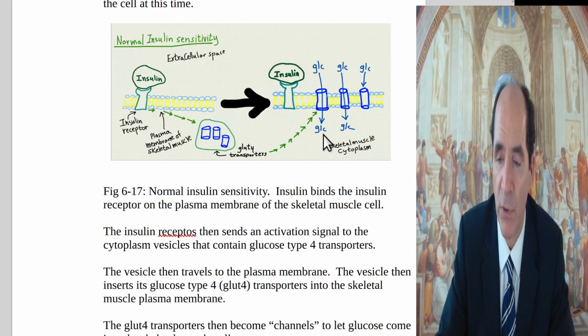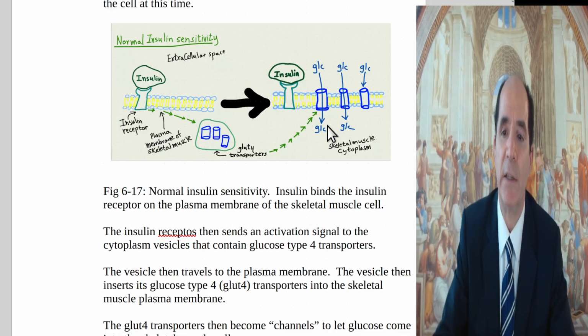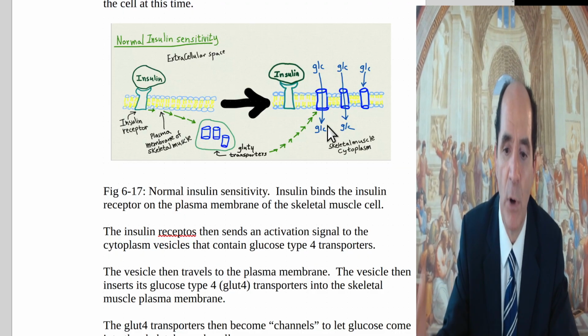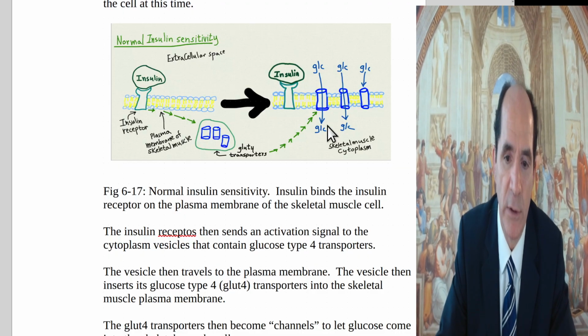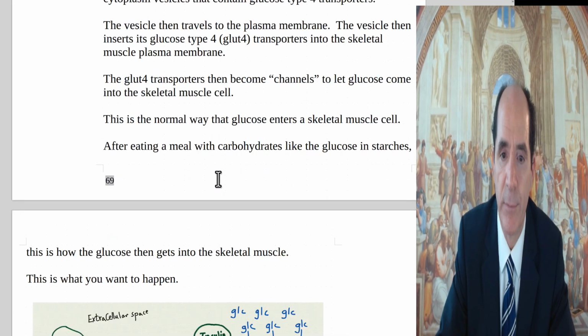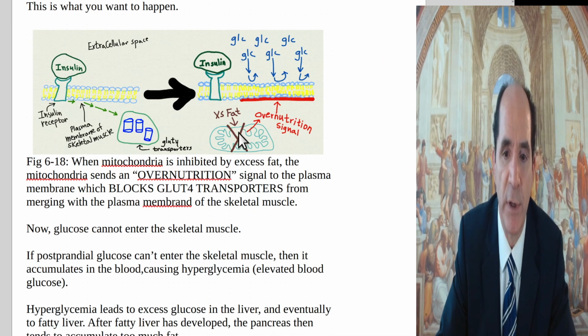It quickly gets phosphorylated as the first step in glycolysis by glucokinase, or hexokinase, you might call it. That traps it in the cell because now it's got a big charge on it. It can't exit. That's how skeletal muscle takes up glucose after eating, and that's where the majority of postprandial glucose should go. The skeletal muscle will store it as glycogen.